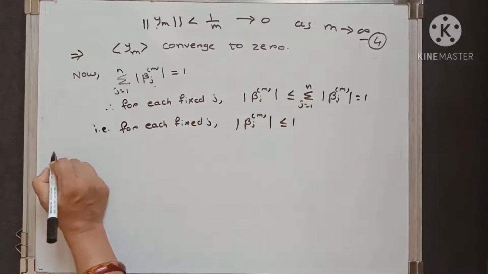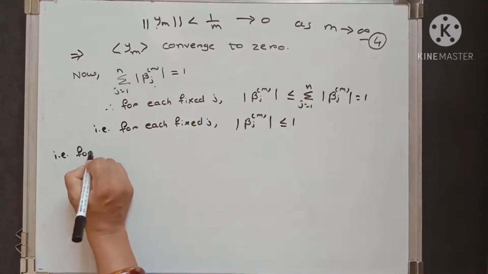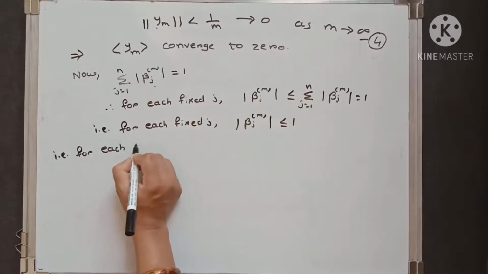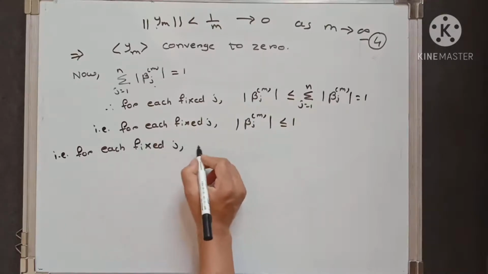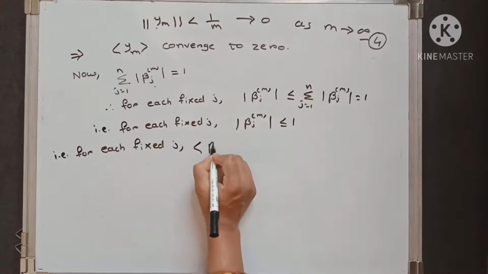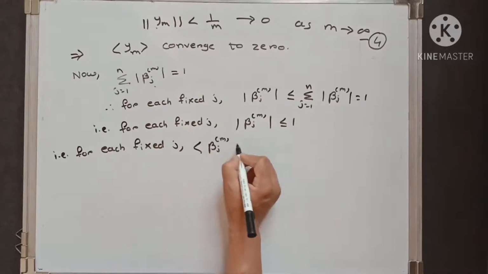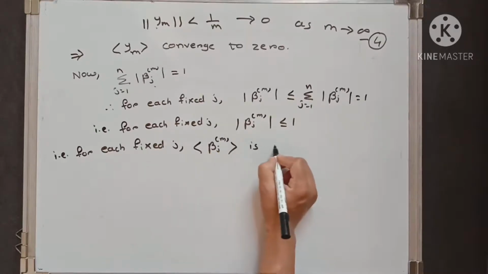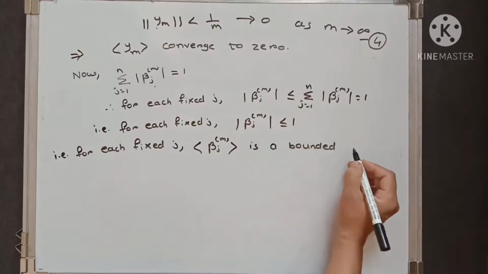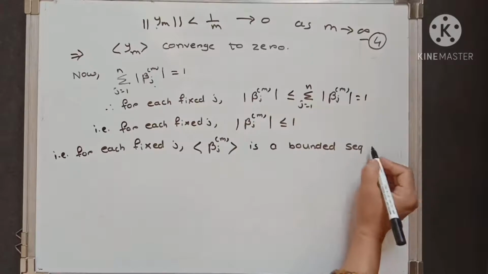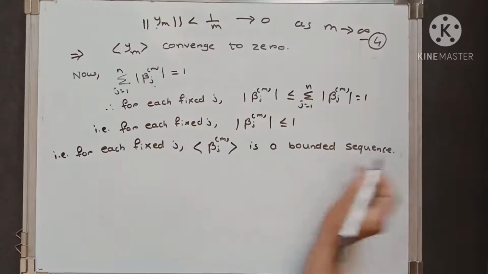It means that for each fixed j, the sequence beta jm is a bounded sequence, because all the terms of the sequence are less than or equal to 1.